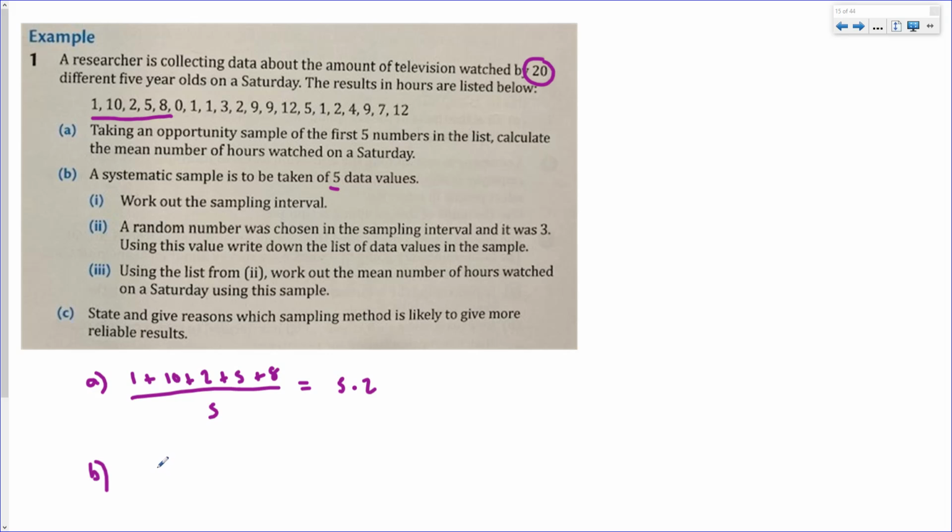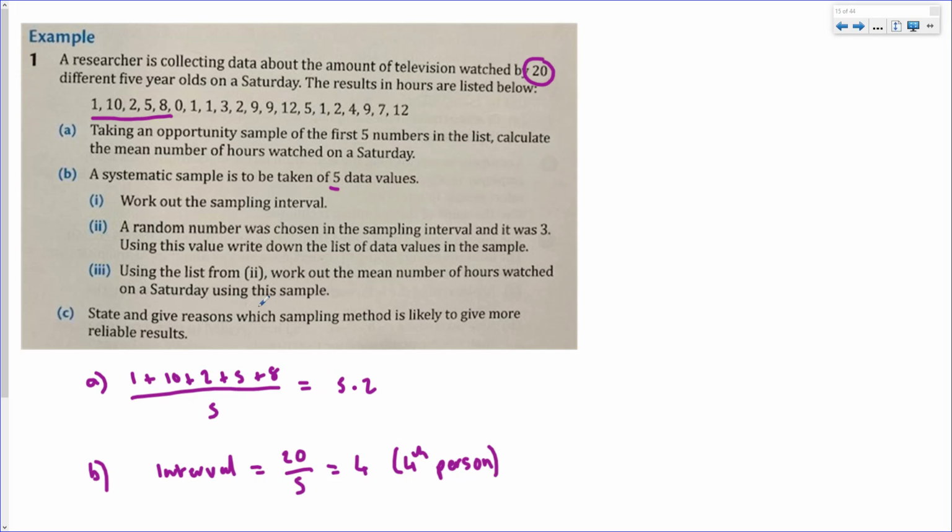So in this case, the sampling interval will be the population size, which is 20, divided by the 5 sample size, which is 4. So that means that we are going to be selecting every 4th item on the list, every 4th person.